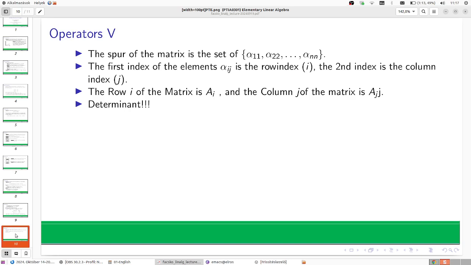So these are the two matrices, and now we can multiply them, and that's not easy.